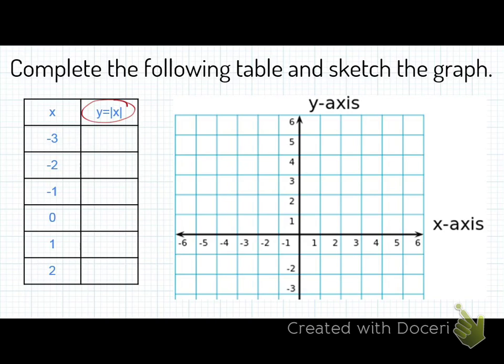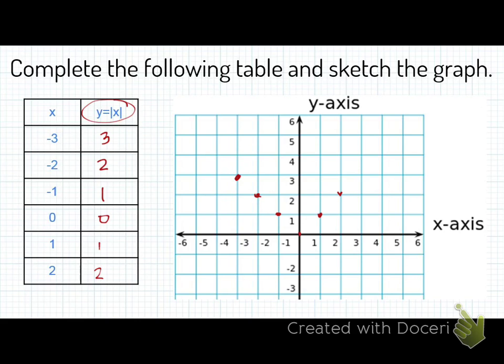What's the output? 3, good. What's the absolute value of -2? 2, good. What's the absolute value of -1? Absolute value of 0? Absolute value of 1? Absolute value of 2? 2. You see how it's always positive? And then if I were to plot these points, it would look like so.